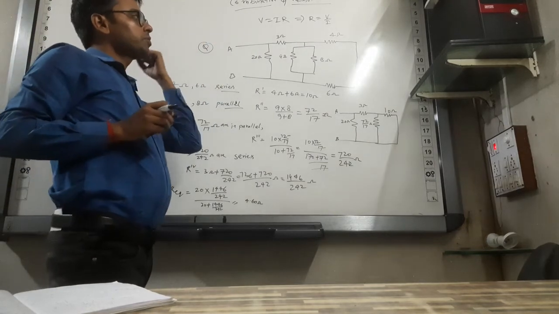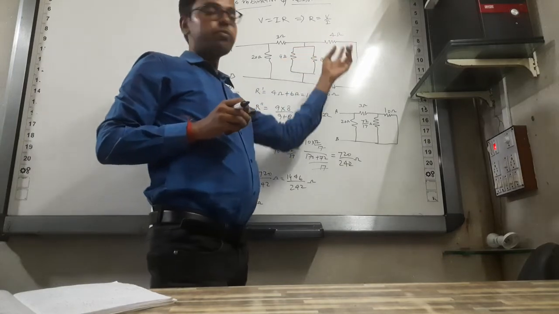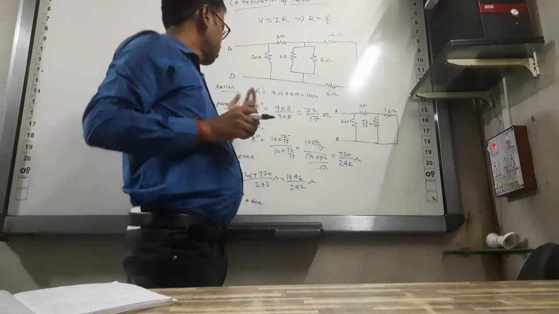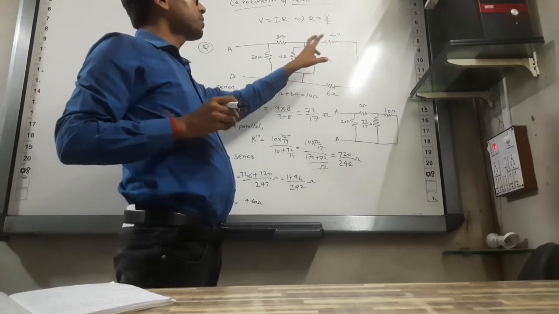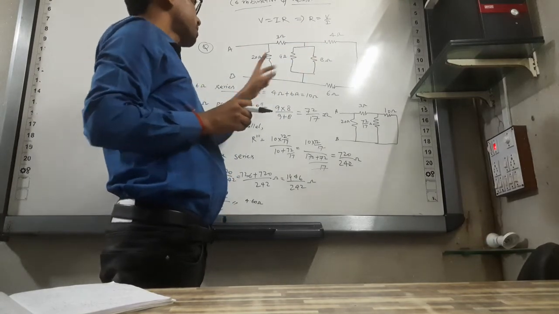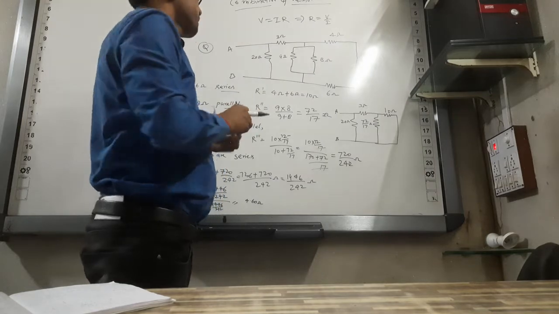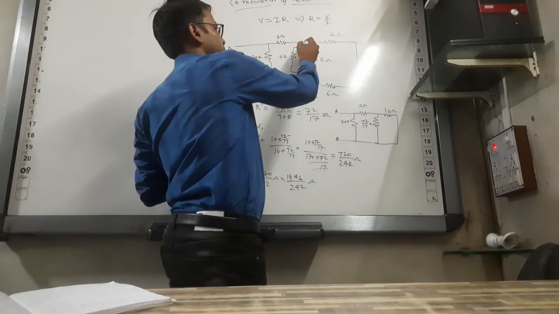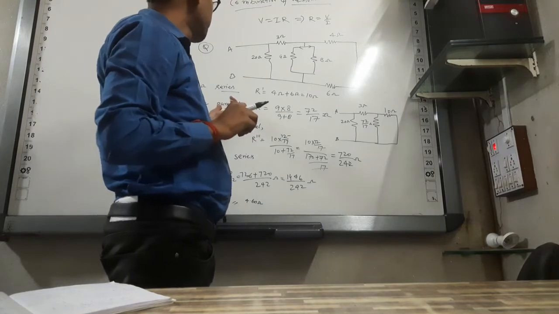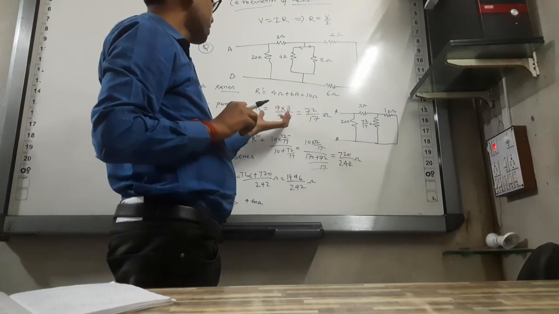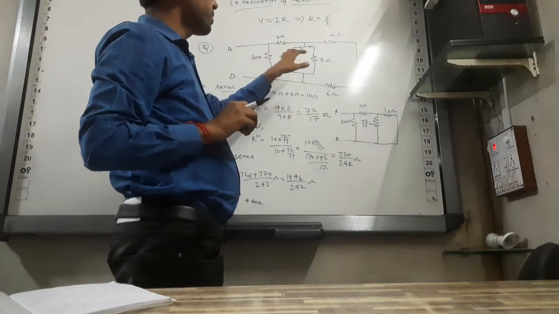Now in order to solve this question, first we take 4 ohm and 6 ohm, they are in series, so the equivalent resistance is 4 plus 6, 10 ohm. Then 10 ohm and the 9 and 8 ohm are in parallel combination because current distributes from this point. In parallel combination our equivalent comes to be 72 by 17 ohm.